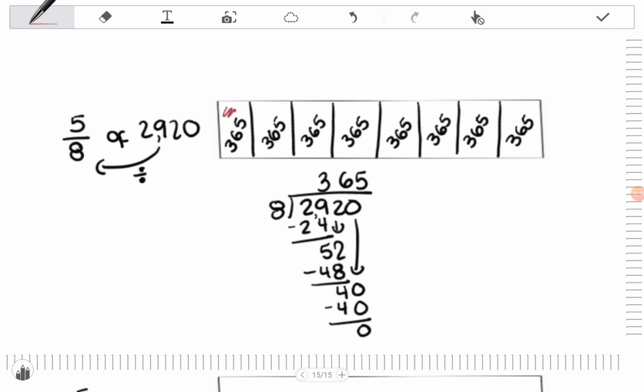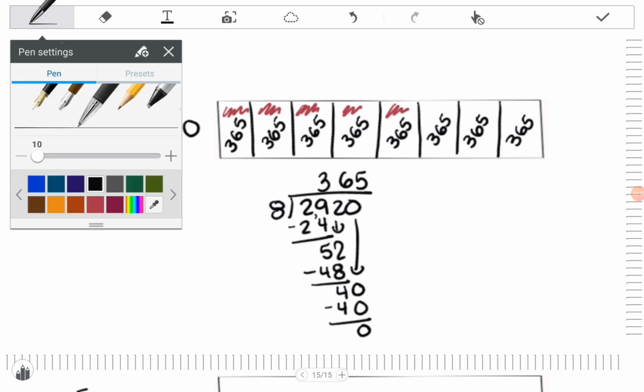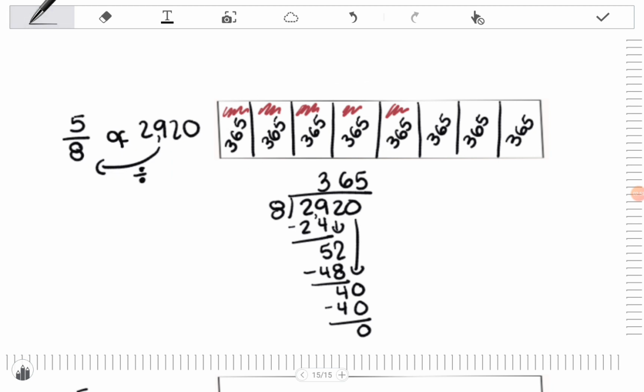So I'm going to take 1, 2, 3, 4, and 5. And what is the total of all of these pieces together? So I have to multiply 365 times 5 because we have 5 equal groups. So 365 multiplied by 5.